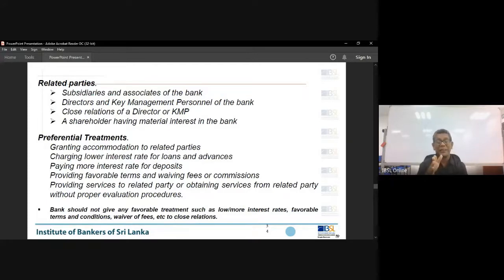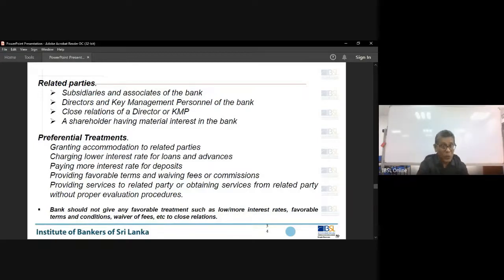It then has to go to the monetary board, which looks at whether granting the loan to the director is reasonable and follows the rules and procedure. The bank must have taken adequate securities, and the monetary board also looks at the terms and conditions offered. If the monetary board is satisfied, the bank can give loans to the directors.